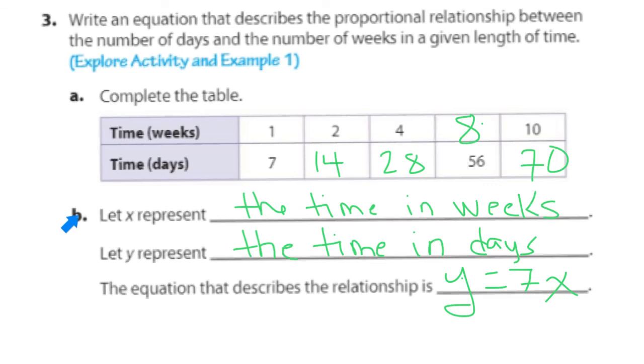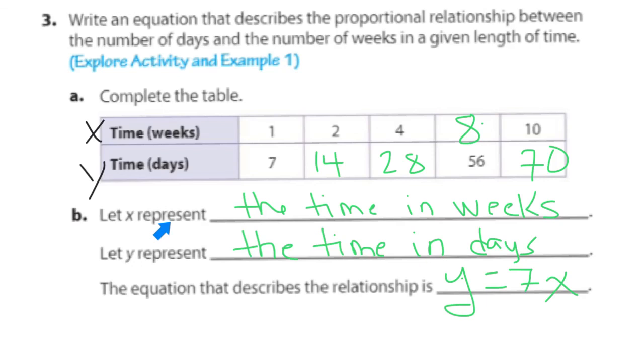Okay, in this problem, let x represent, so keep in mind from what you learned from last year, x is going to be the independent variable and y is the dependent variable. And so when you have a table like this, the part up top is always the x.